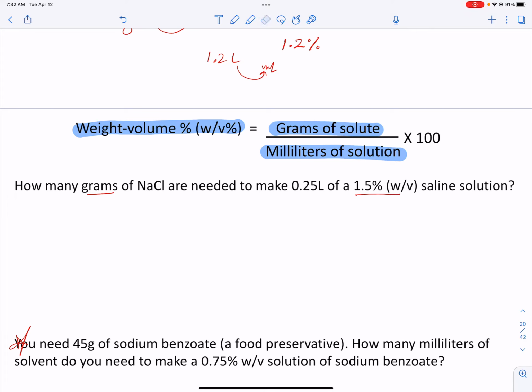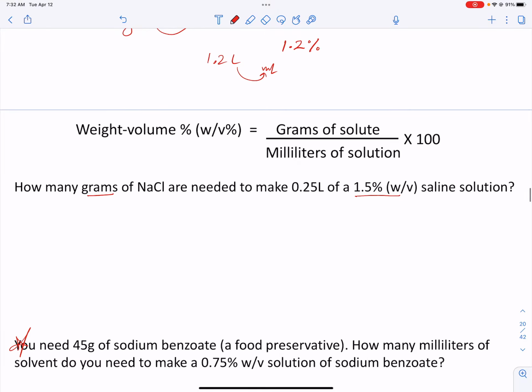All right, so how many grams are needed to make 0.25 liter solution of a 1.5% weight per volume saline solution? Look, we do have liters here, so we're going to have to convert. See what I mean? They're conveying the weight and volume, so it's an understood gram per ml right there. Okay, so we want to go ahead and plug in 1.5% equals grams.